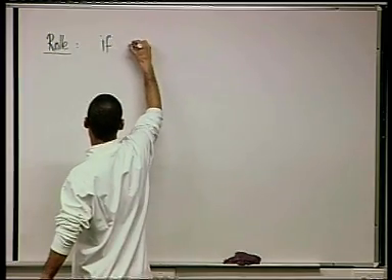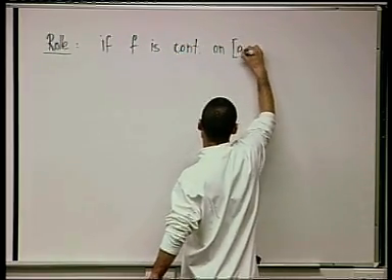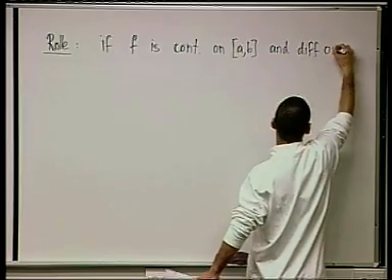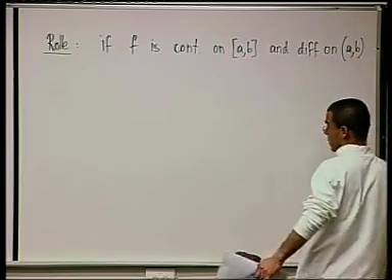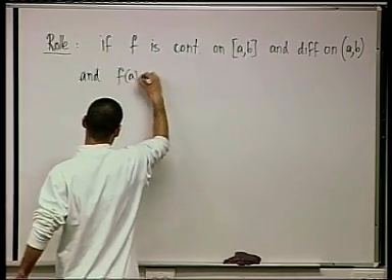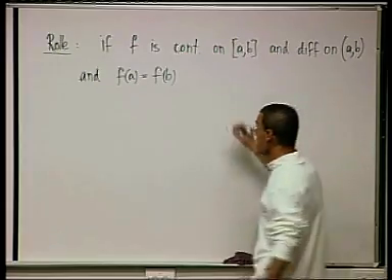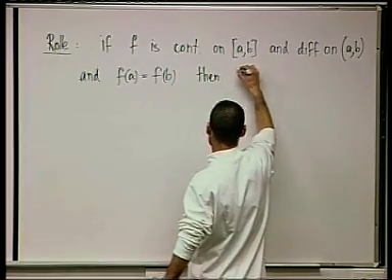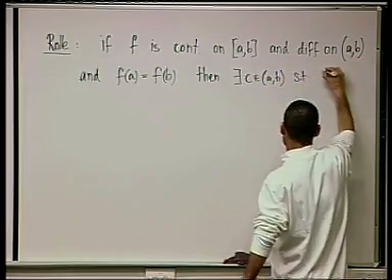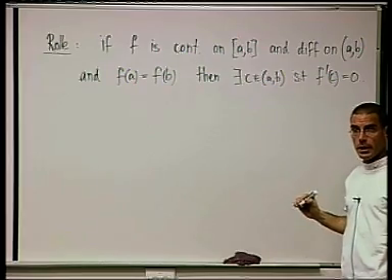If f is continuous on the closed interval AB and differentiable on the open interval AB, these were the requirements, and the value at the endpoint A coincides with the value at the endpoint B, then there exists a C in the interval such that the derivative at C equals 0. That was Rolle's theorem. We had a picture for it.